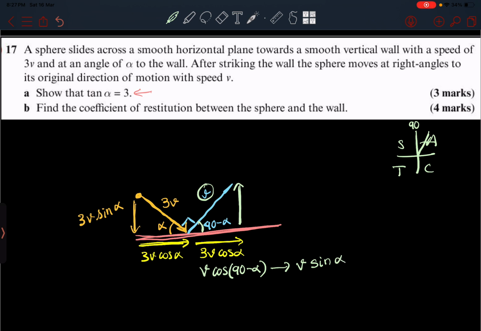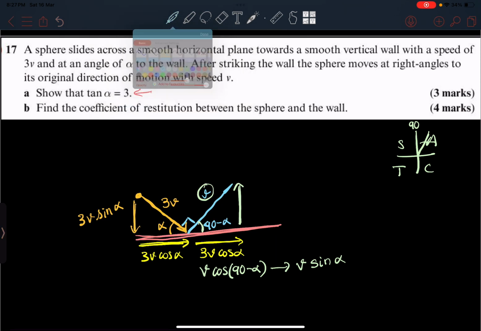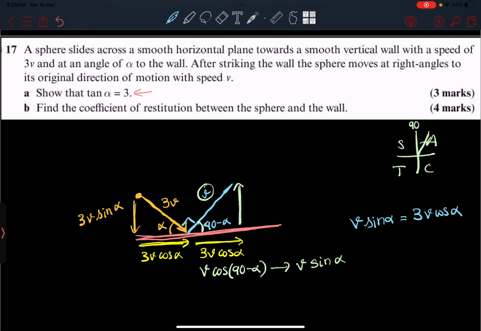So essentially we have established that v sine alpha is the same as 3v cosine alpha, and now it's pretty obvious. All we have to do is divide by cosine alpha. The v's cancel out, so we get tan alpha is equal to 3.